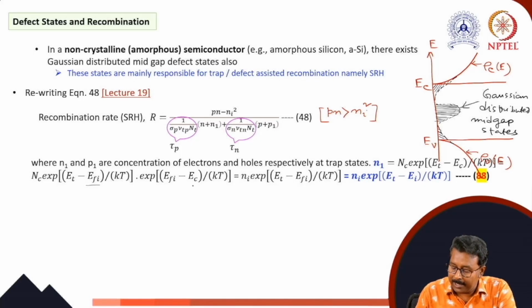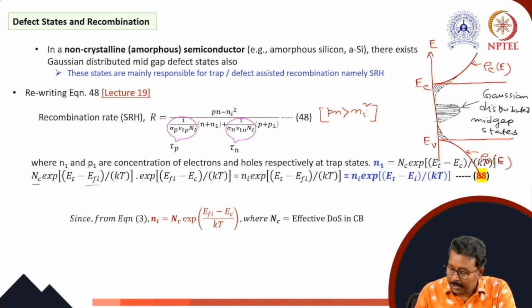Ultimately you will get ni exponential Et minus EFi by kT into exponential EFi minus Ec by kT. But we also know that Nc into exponential EFi minus Ec by kT is nothing but the intrinsic carrier concentration, because we are considering the Fermi level in the intrinsic case.